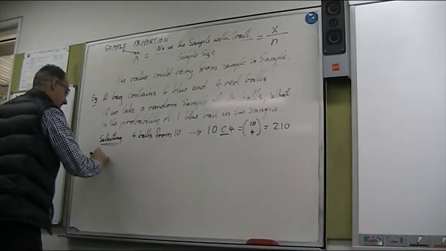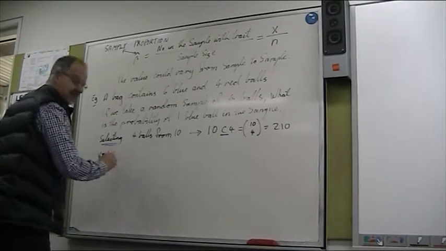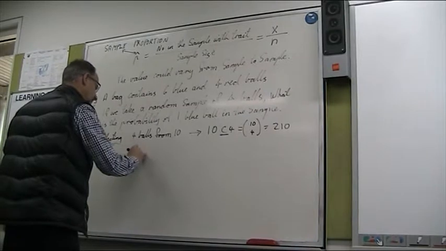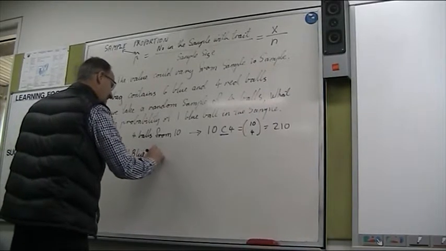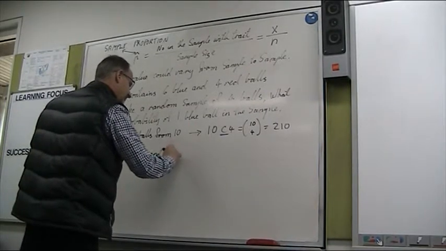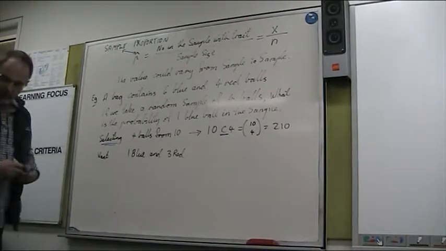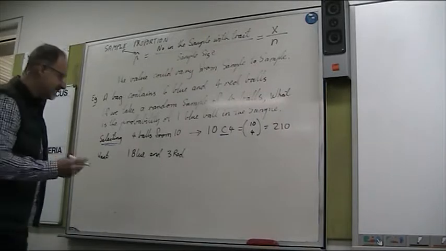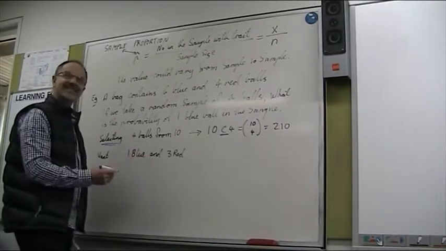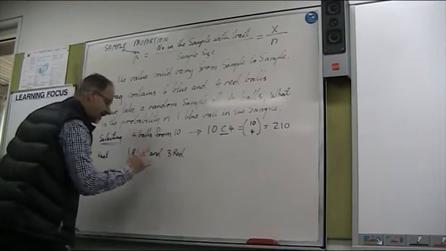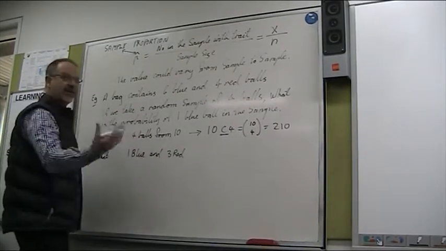What we want is 1 blue ball and 3 red. Now, whenever we see the word "and," it means we want this as well as that, in terms of our mathematics.